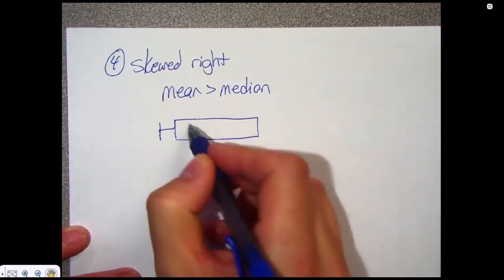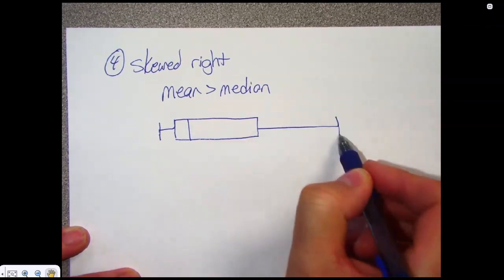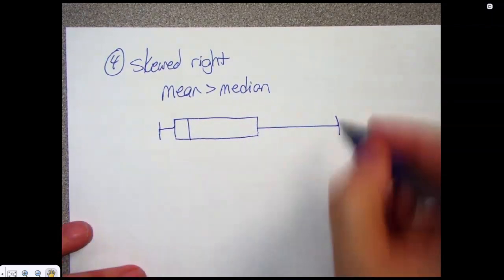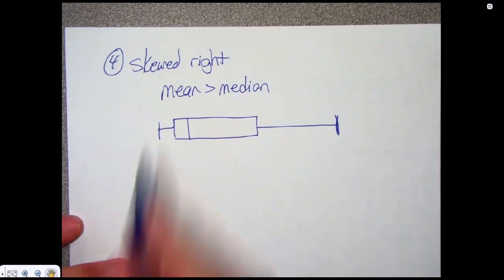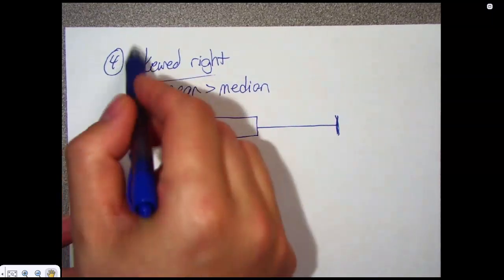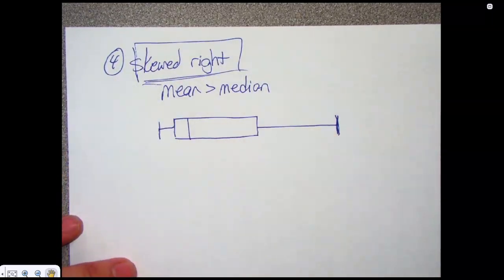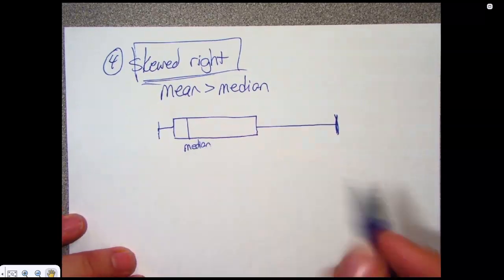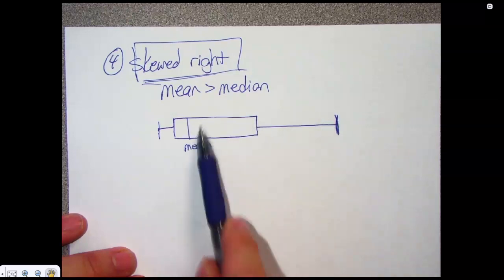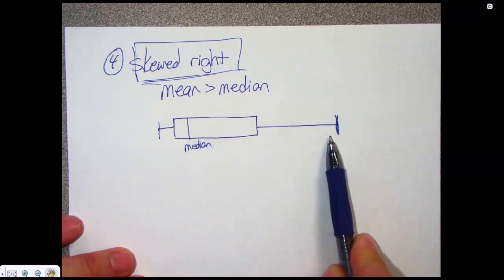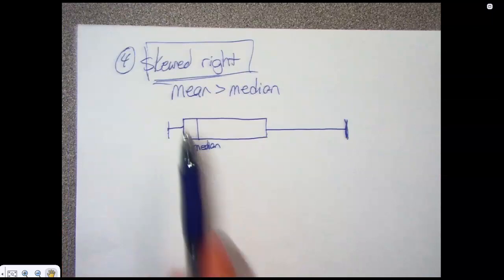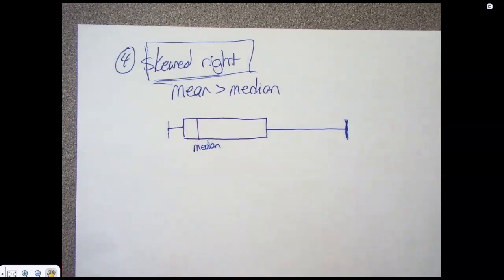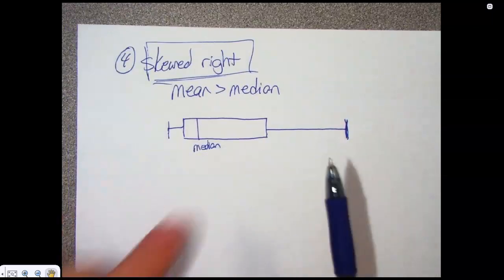In a box plot, it would look something like this. So you'd have your median here, but the data above the median is really spread out, and the data below the median is not very spread out. So when I start averaging, what's going to have a bigger impact on the average?